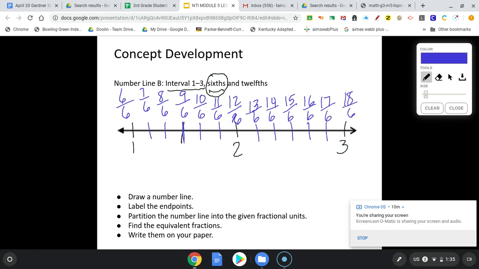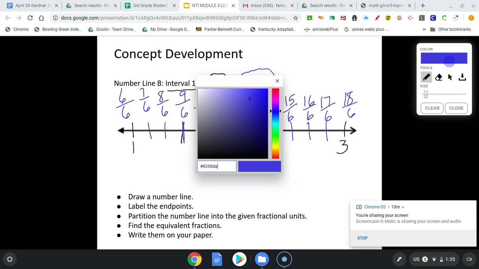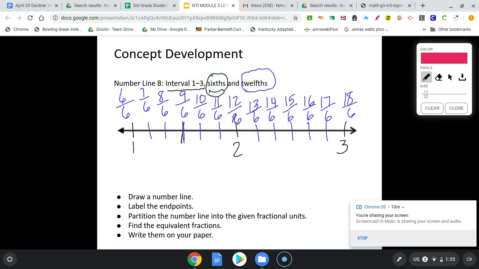All right, so then it tells us to partition it into twelfths. I'm going to change my color, and underneath, I'm going to do twelfths. So if I have 6, I can double 6, and I get 12. So what I'm going to do is add a new tick mark between each one because that would make us have 12.